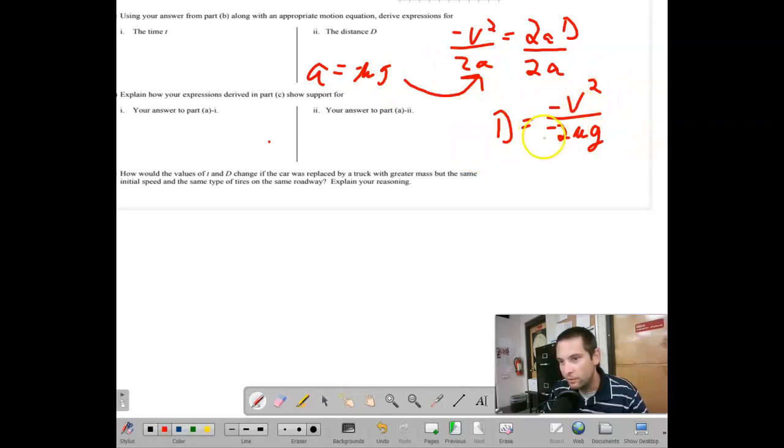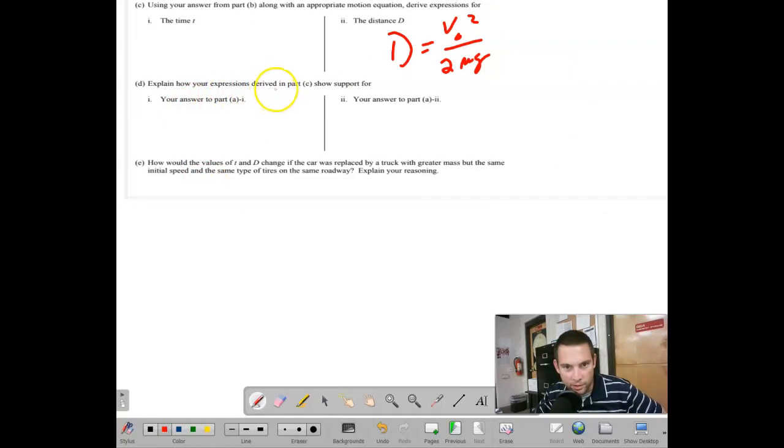Negative v squared over negative 2 mu g. You can clean that up a little bit more. You can simplify it because those negatives are going to go away. So it becomes v squared over 2 mu g. The negatives go away, which gives us a forward displacement. We're moving forward and slowing down, like coming up to a stop sign. On to the next one.